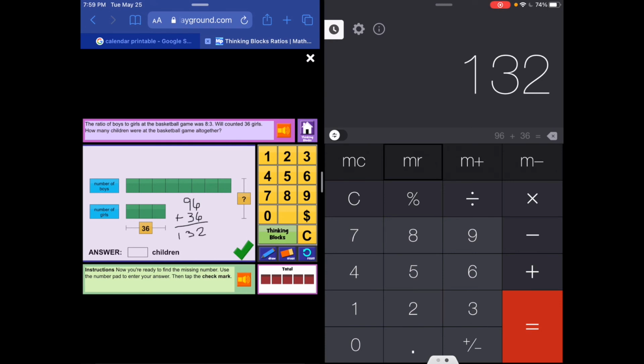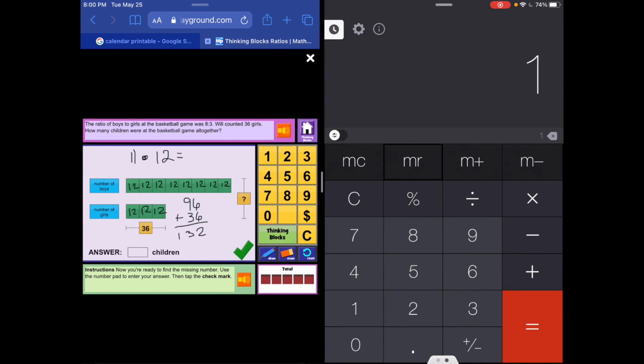Or, remember each one of these was 12s? So at this point, I could ask myself, how many 12s are there all together? There are 8 12s on the top. There are 3 12s on the bottom. That means I actually have 11 groups of 12. That's 11 times 12.